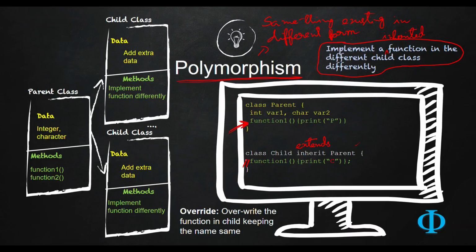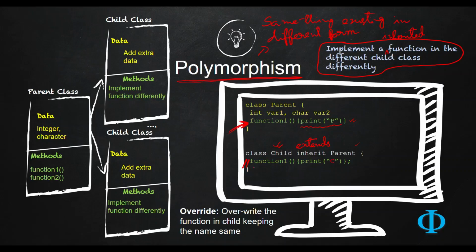So that means if you do not have anything in here, this child class will print this P, which is the default implementation inside the parent. But it is possible for the child to re-implement it in its own way.